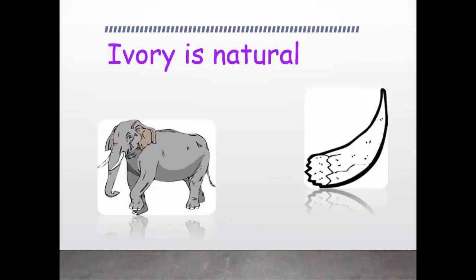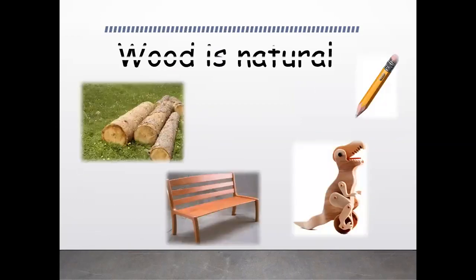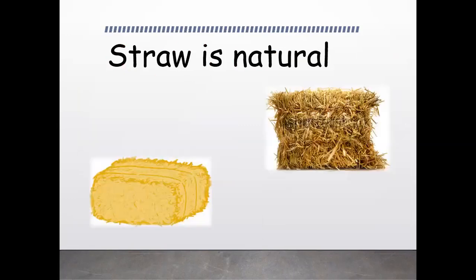Ivory is natural, it comes from elephants, and elephants are animals found in nature. So again, the stones, the wool, the wood, the ivory. Then clay. Clay also is natural, it's found in nature. Straw is natural, it's found in nature.